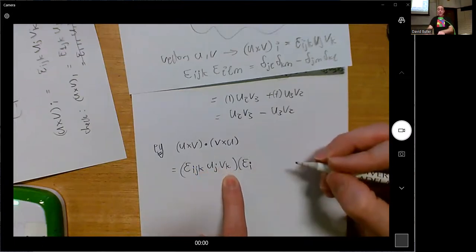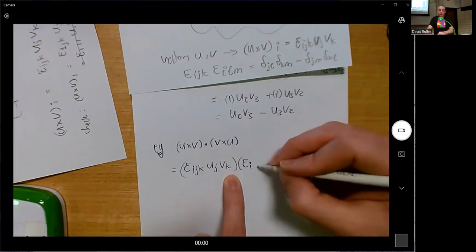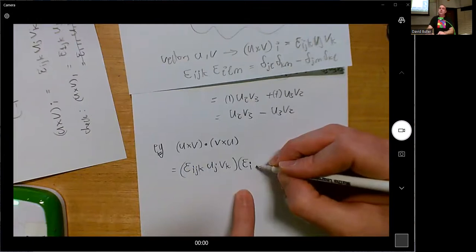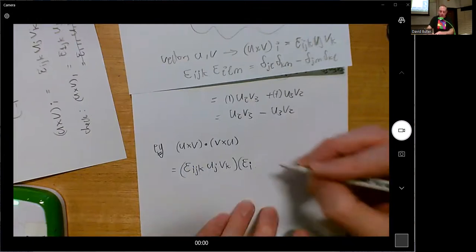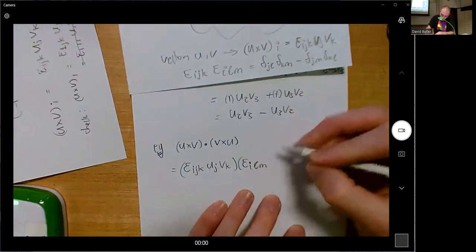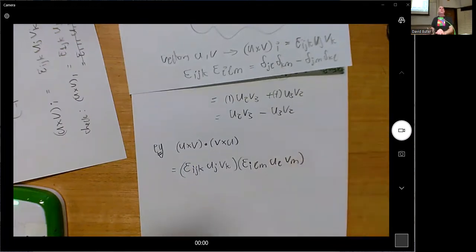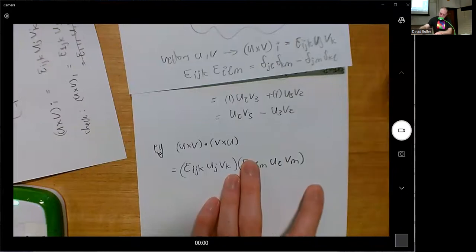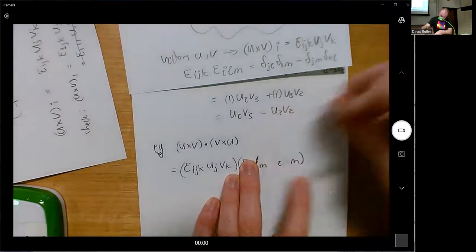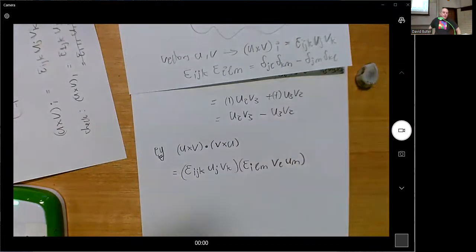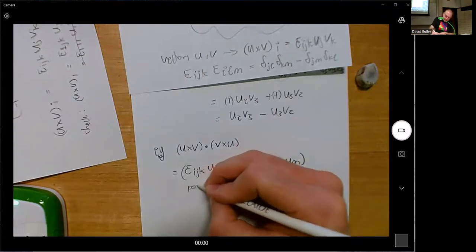So I'm going to need to use new letters. I will use L and M so that I can use this thing. So this is what position I of that thing is.